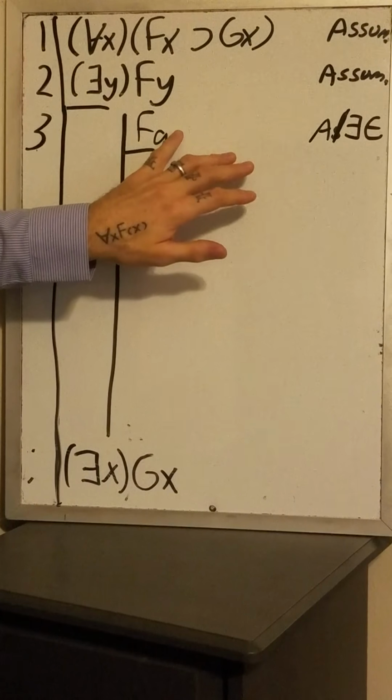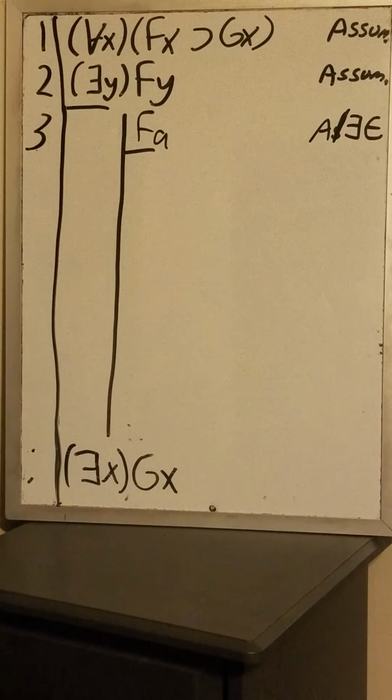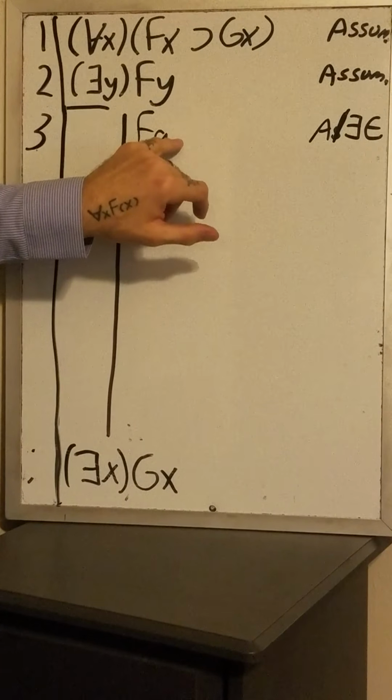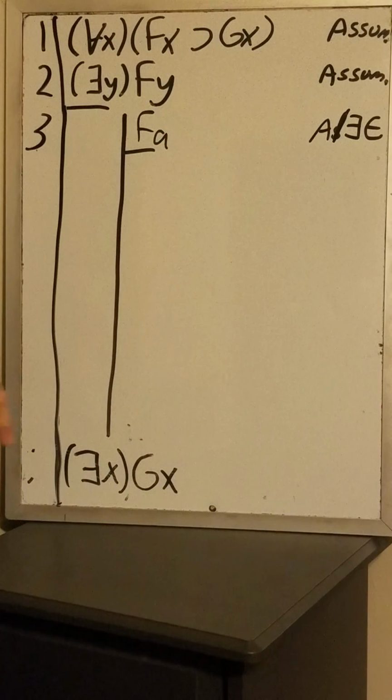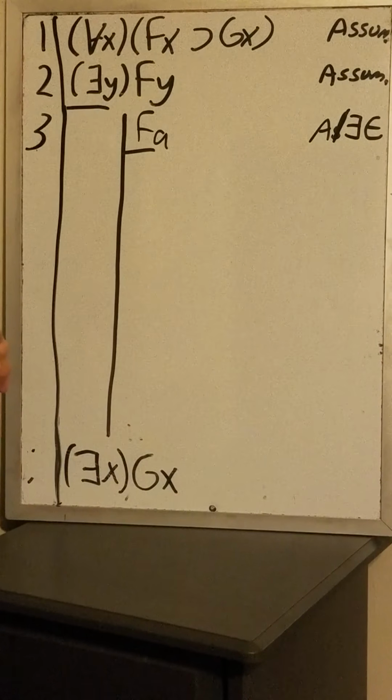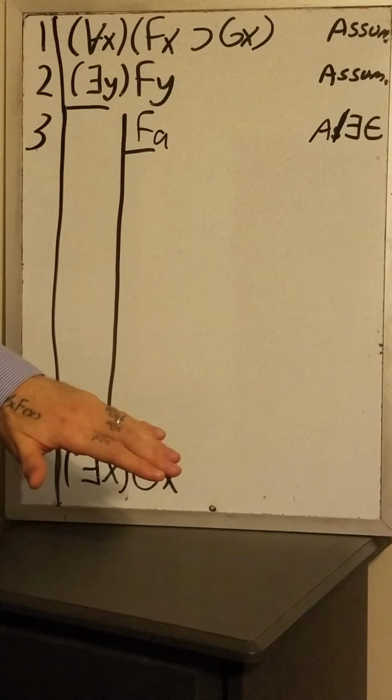So why did I choose the letter A here? Well, there are some restrictions on existential elimination. There are restrictions on what constants you can use, and the easiest way to make sure that you follow those restrictions is to always use a letter that's new to the proof, one that doesn't appear anywhere else in the proof.